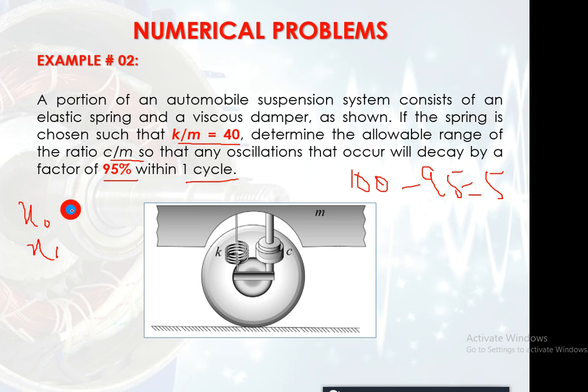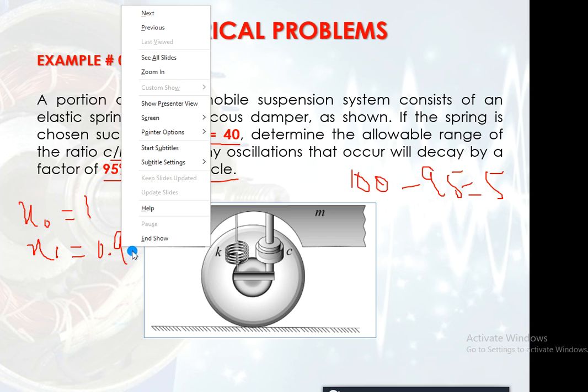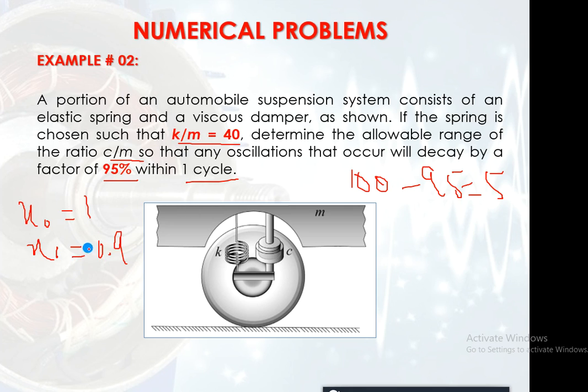Here the initial amplitude is 1 and we want x1 to be left with 1 minus 0.95. This is our final amplitude. So that is what we want.